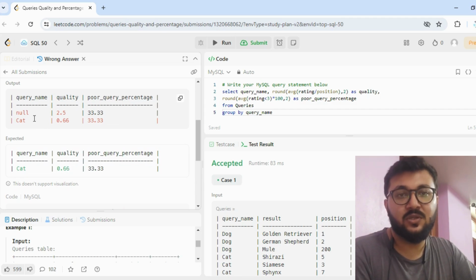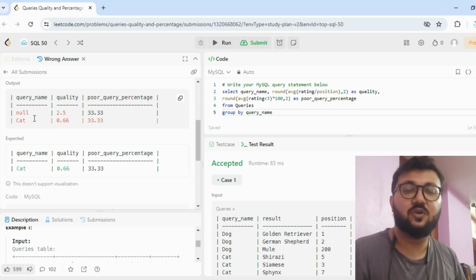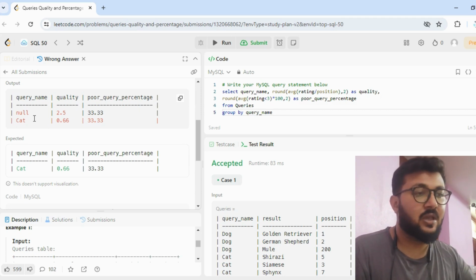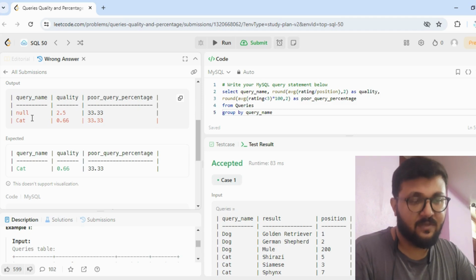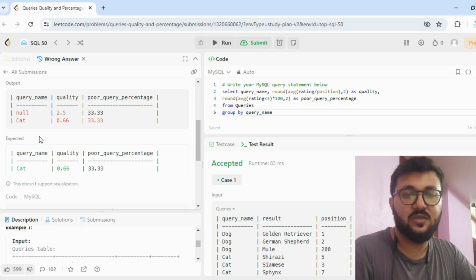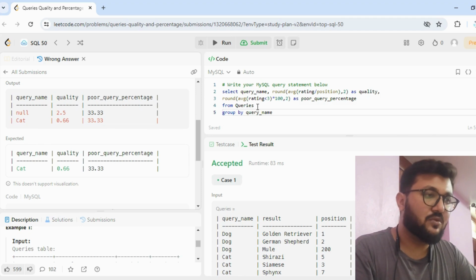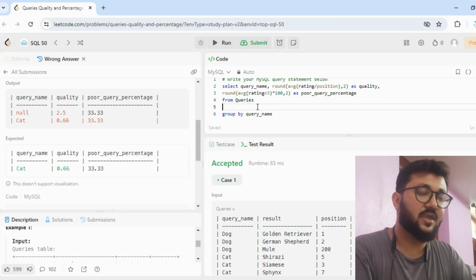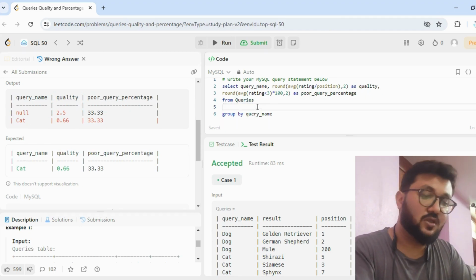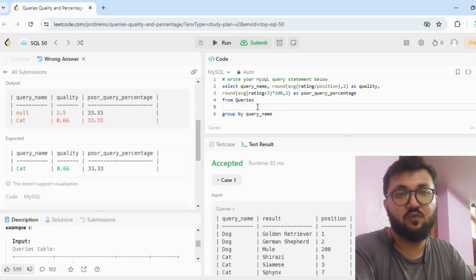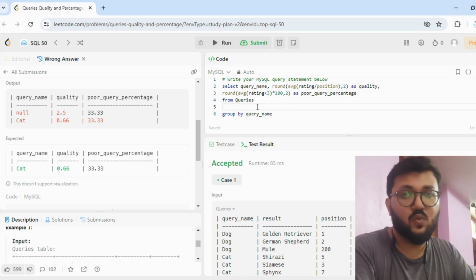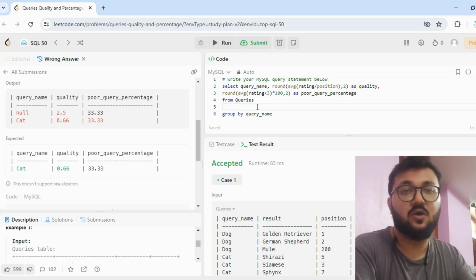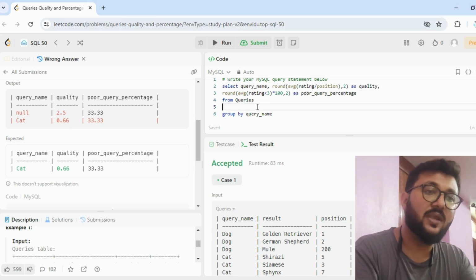In the question, they had said that the table contains duplicate values. Now I have to again consider that anything is possible over here. So duplicate values are there, and null values are also there. So I will consider that my table contains null values. I will put a condition of where, and where query name is not null. So we will consider only the rows where the query name is not null.